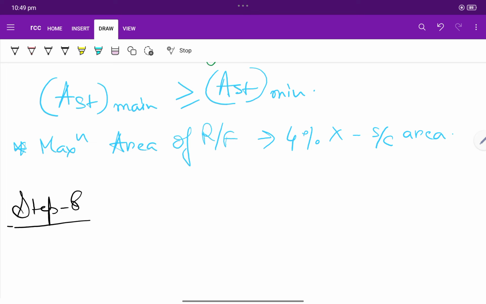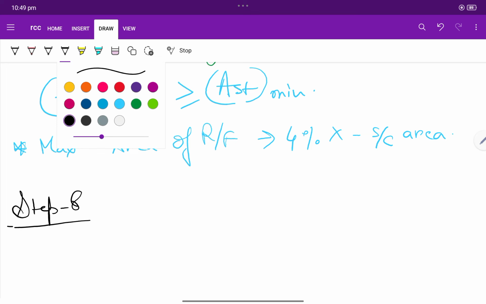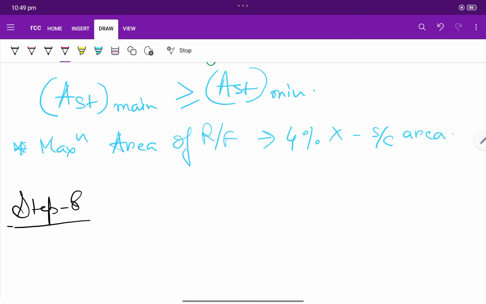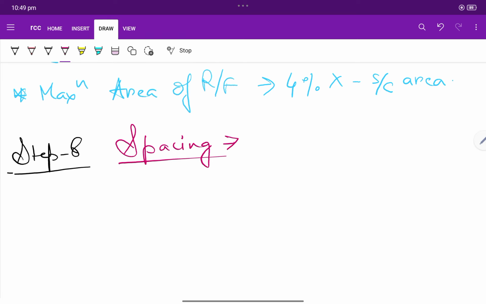So step 8, what is step 8? Let's see. In step 8 we have to calculate the spacing. We have calculated the area of the main bar. Now we have to calculate the spacing. The spacing S is equal to 1000, as we calculate for 1 meter, divided by the number of bars.